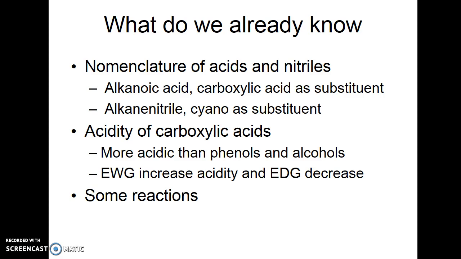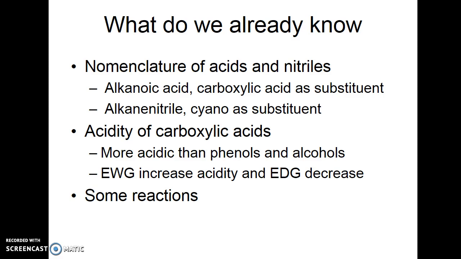If we ever have the cyanide as a substituent, we call it cyano. So if, let's say, on the number 3 carbon of hexanoic acid we have a nitrile, then we call it 3-cyano hexanoic acid.